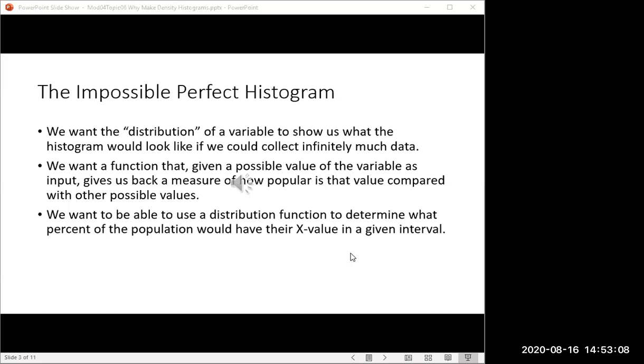So we want to be able to use a distribution function to determine what percent of the population, maybe what percent of all the football players, have their x value, maybe their weight, in a given interval, say between 170 and 190 pounds.